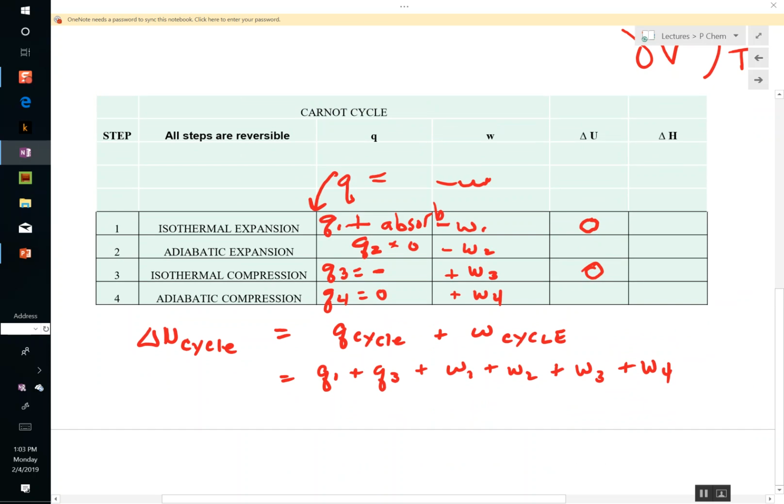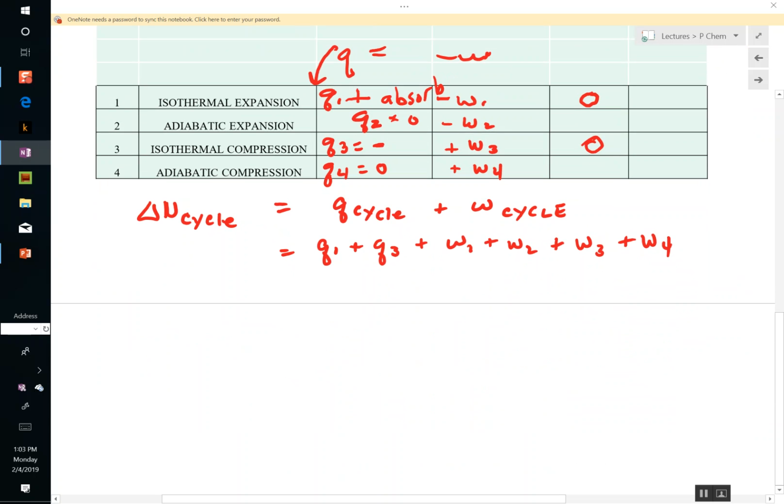Okay, so that would be an expression, and this is just developing what is in your book, but I just want to run down through it pretty quickly. So the Q of the cycle, and some of this is going to disappear because I can't get it all on one slide, is Q1 plus Q3.